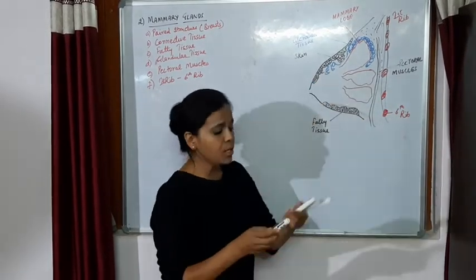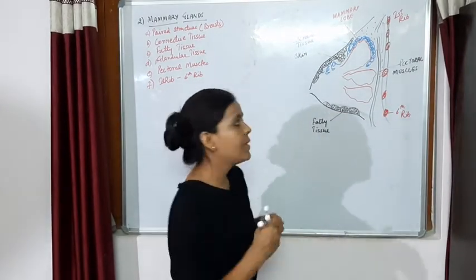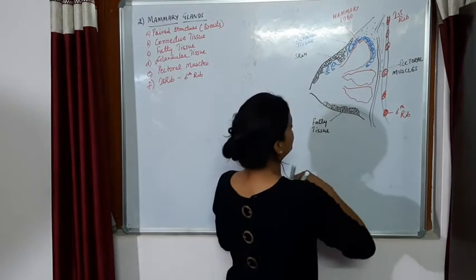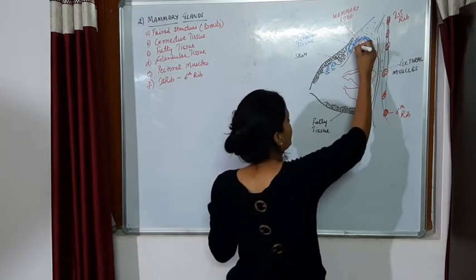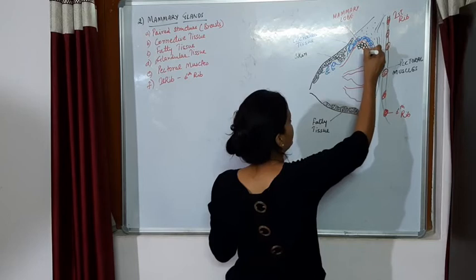Now this mammary lobe shows the presence of a cluster of cells, right? So these are the clusters of cells and sac-like structures, right?